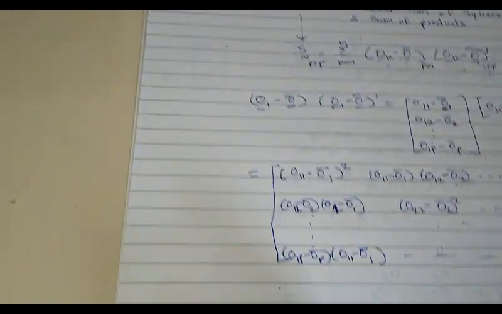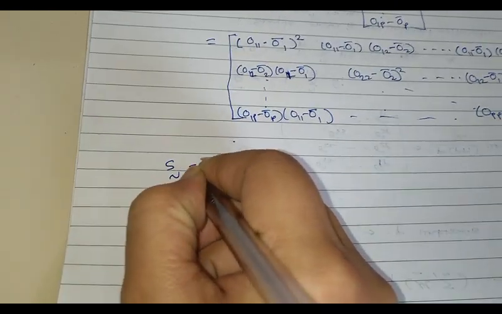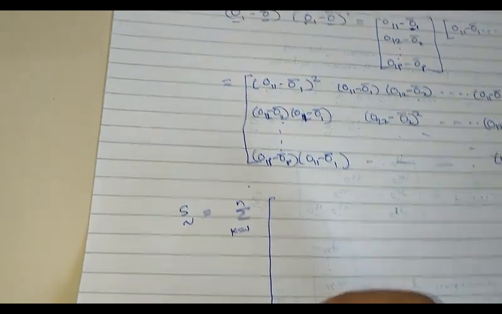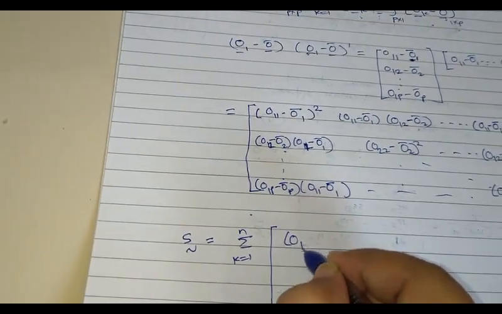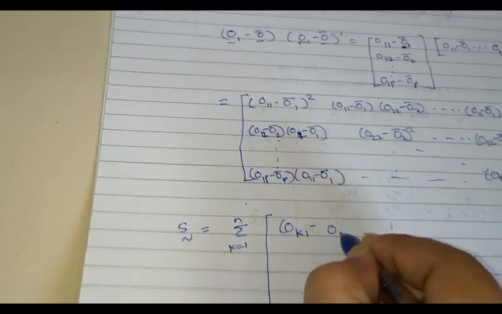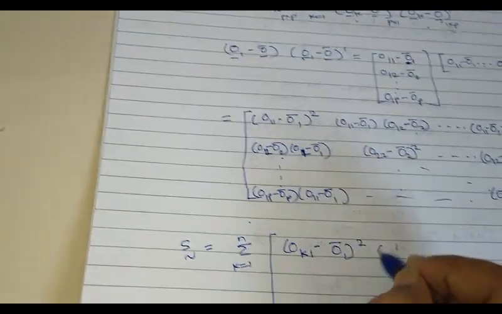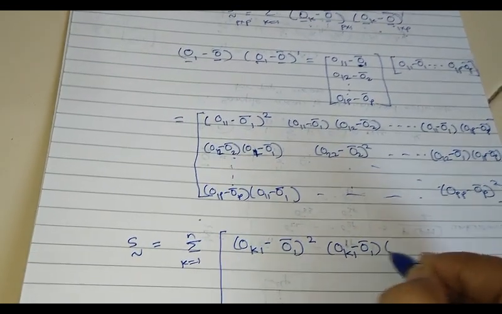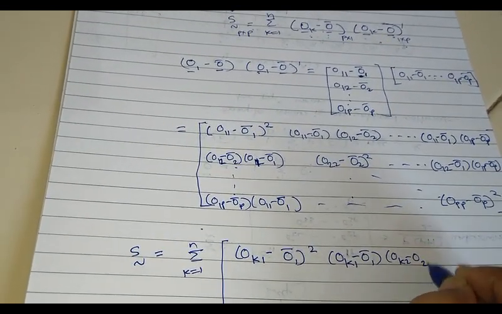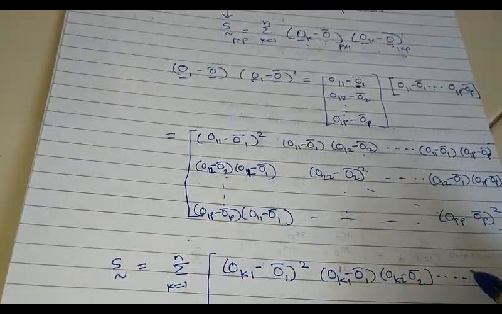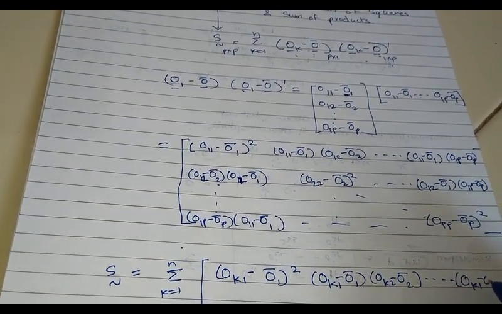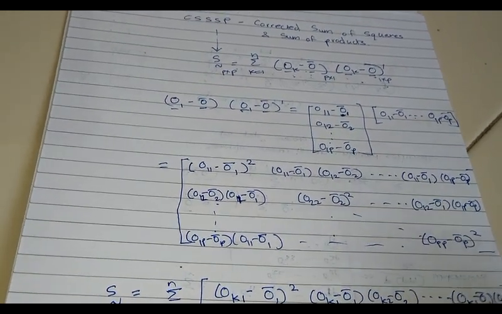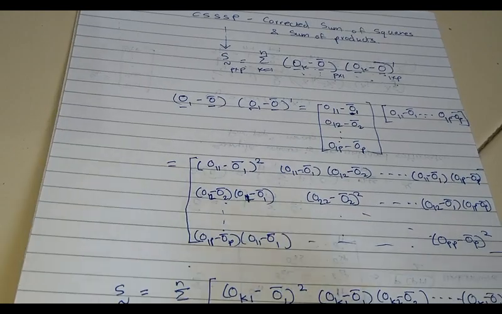So in general, I am going to write my S as the sum over k going from 1 to n of the matrix with entries (O_k1 minus O_1 bar) square, then (O_k1 minus O_1 bar) into (O_k2 minus O_2 bar), and so on, (O_k1 minus O_1 bar)(O_kp minus O_p bar), and so on.